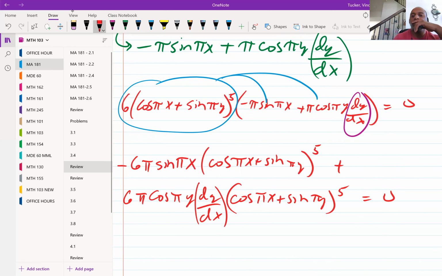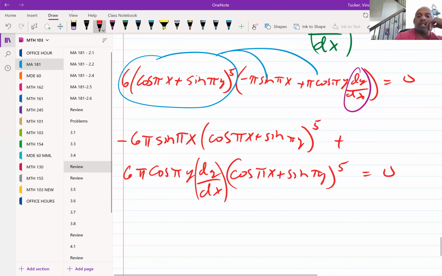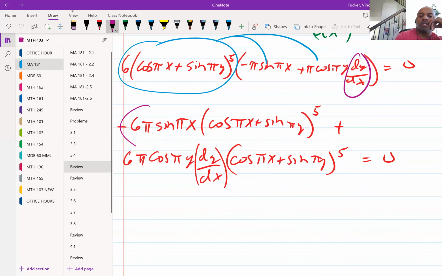All right. And now I need to get this on the other side of my equation, so I will add that to both sides. It would be good if I could write all this on one line.